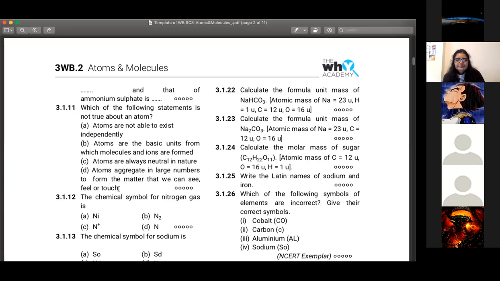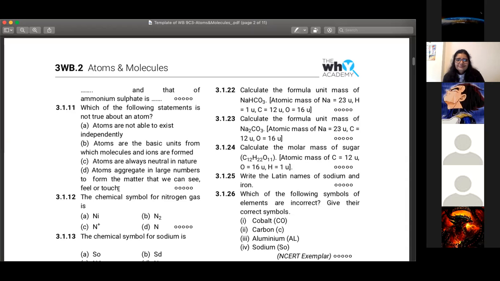Samriddhi. Ma'am, it's D. Why do you think it's D? Ma'am, I mean that we cannot directly feel the atoms. We can feel the matter, but I don't think we can feel the atoms directly or touch it.